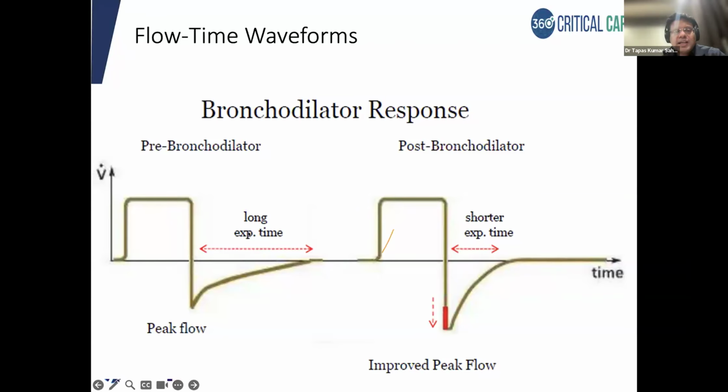Pre-bronchodilator, the peak flow is somehow stuck here and it is taking a long expiratory time. Now, if your COPD patient is started on nebulization, what is happening? Post bronchodilator, your peak flow is now getting a shorter expiratory time because you are allowing the bronchospasm to be relieved with the bronchodilators.